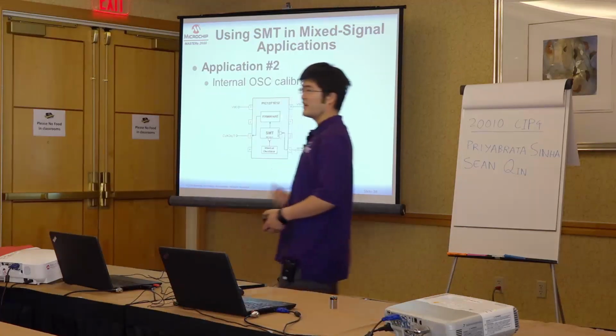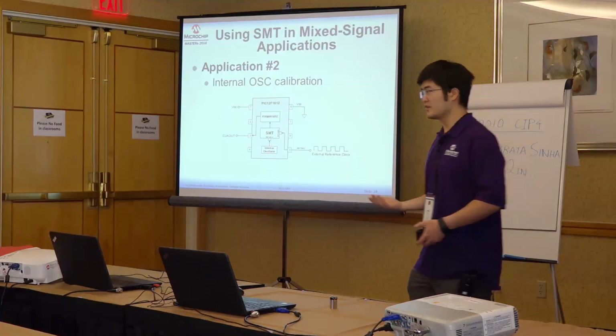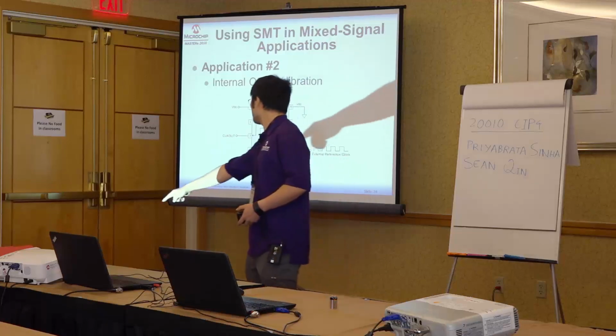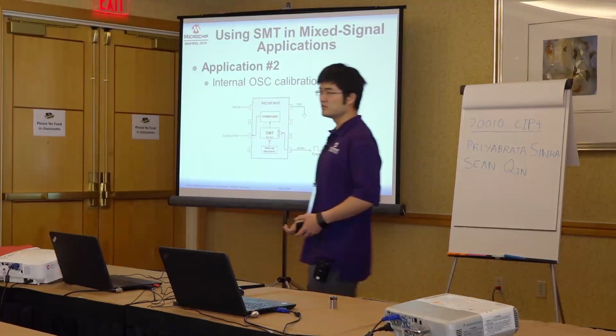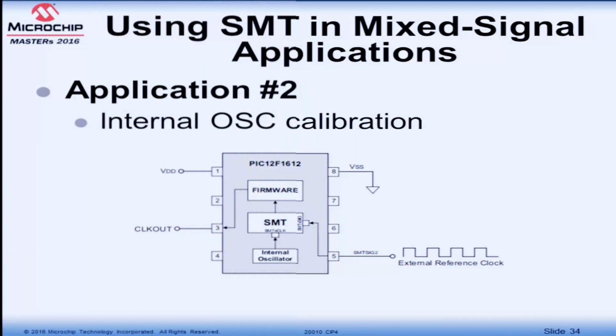So depending on the value I'm reading from the SMT, I know if my internal oscillator is running too fast or too slow, because this SMT is clocked by my internal oscillator. So if I know my expected value of the duty cycle or period of my internal clock is such and such, but it's a little bit off, then what I can do is write the OSCTUNE register to tune my internal clock. So this is like an internal clock calibration process.